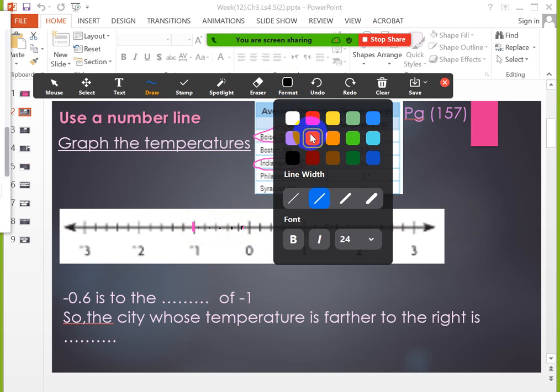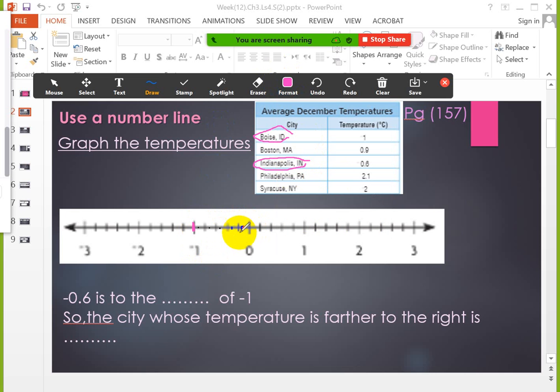Then I will count 6: 1, 2, 3, 4, 5, 6. That means this is -0.6.